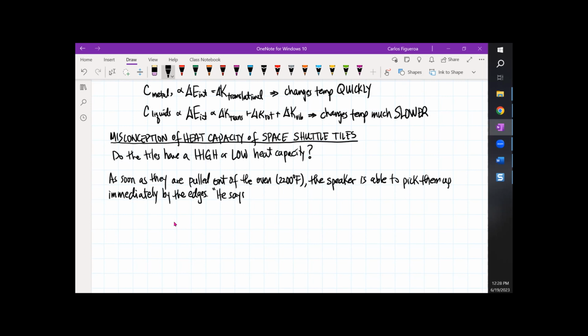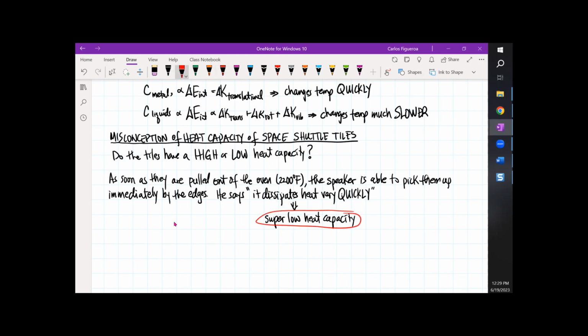He says, maybe I should put it here, it dissipates heat very quickly. So if it dissipates heat quickly, then this immediately implies that it has a super low heat capacity. Unfortunately, he's not correct.